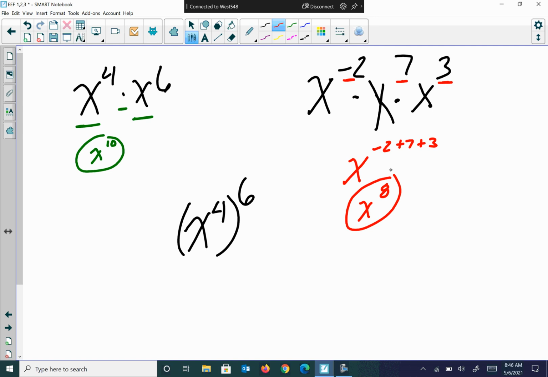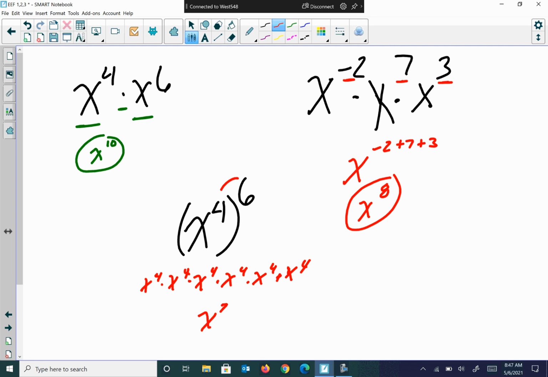Yeah. Power to power, what do we do with the exponents? Those get multiplied when I have an exponent of an exponent. So basically, if you have a hard time realizing to multiply, this is the same thing as x to the 4th six times: 4 plus 4 is 8, plus 4 is 12, plus 4 is 16, plus 4 is 20, plus 4 is 24.